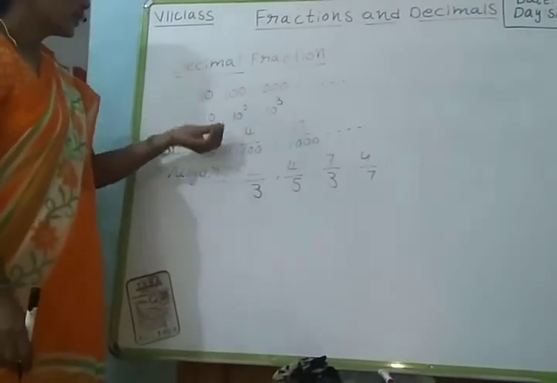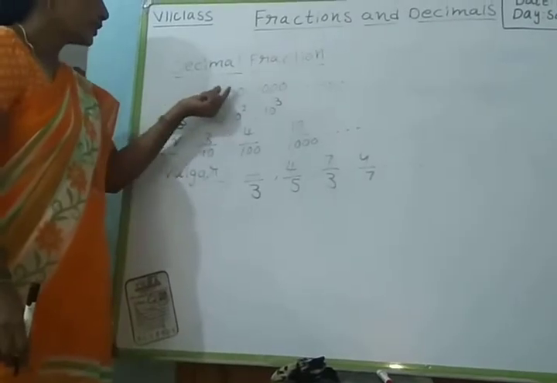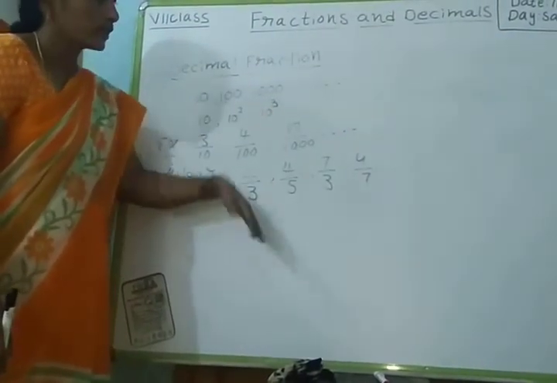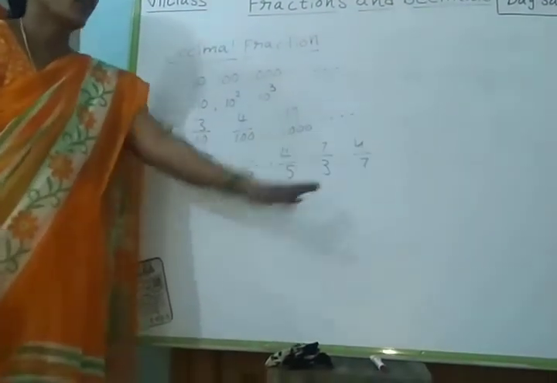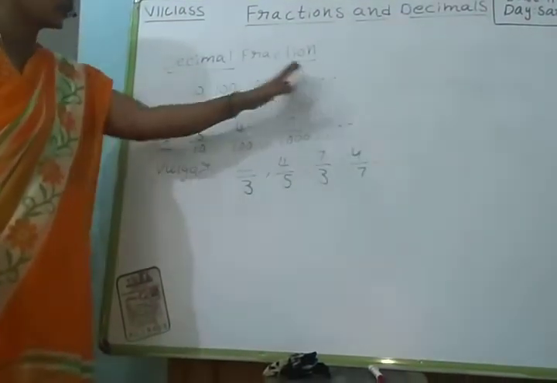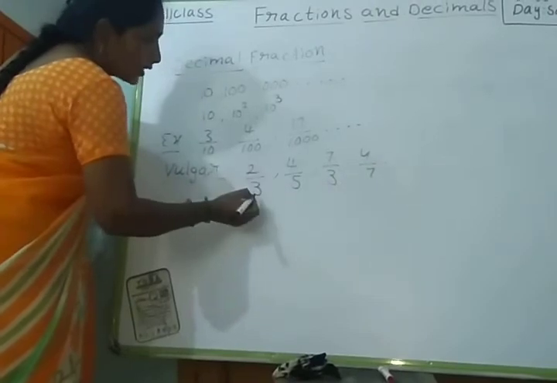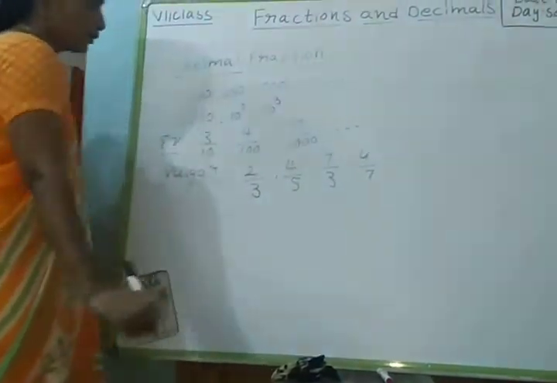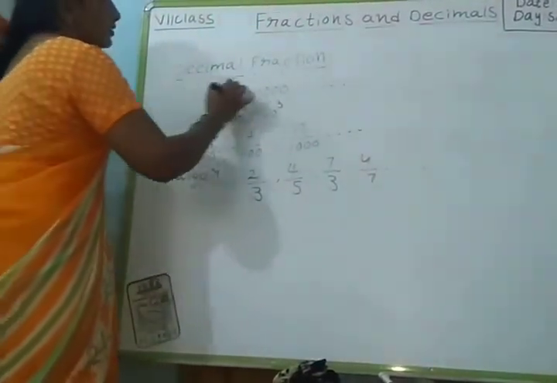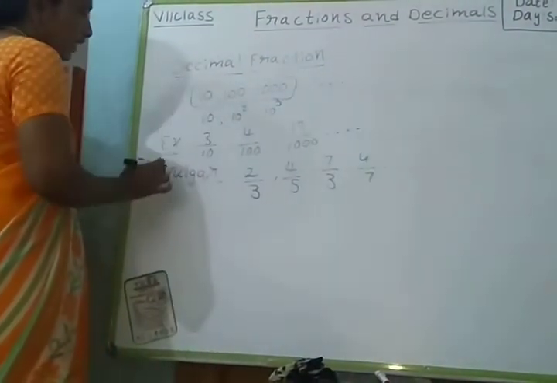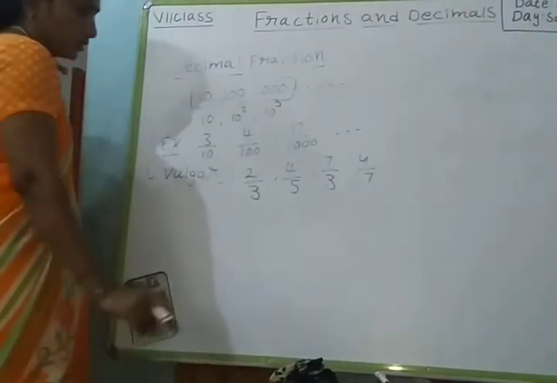In the denominator we don't see 10, 100, 1000, etc. If you take any other whole number in the denominator, then those fractions are called vulgar fractions.